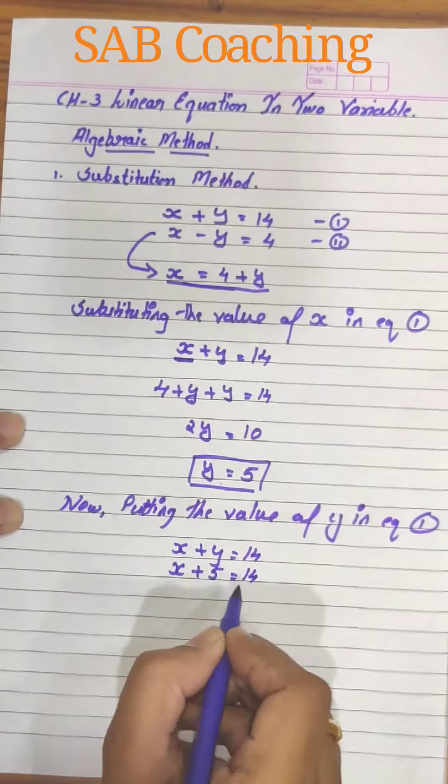So from here you can say that x is your 9 and y is your 5. Is that clear?